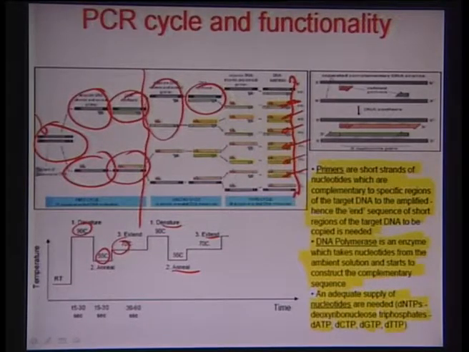So all four, dATP, dCTP, dGTP and dTTP, are mixed in a certain equivalent ratio, and this is fixed based on how many molecules you are supposed to copy, and also on the idea that they should never fall short. The reaction should not be limited by the unavailability of these nucleotides, so nucleotides are given in excess almost always in the reaction.